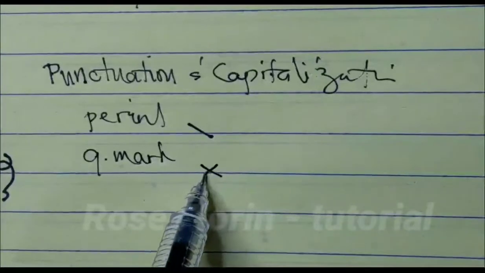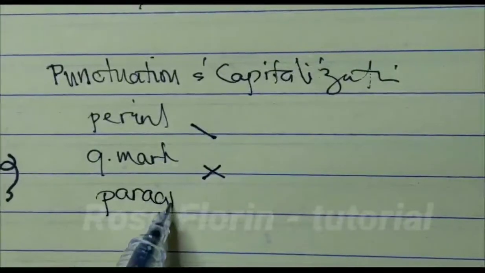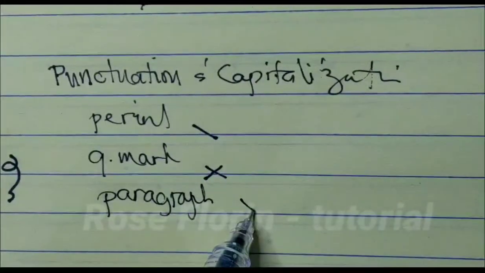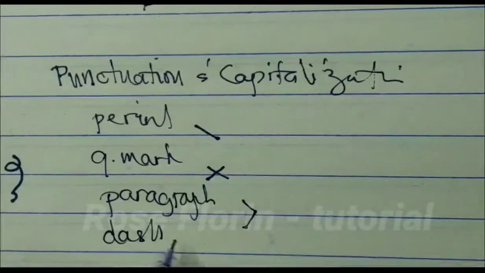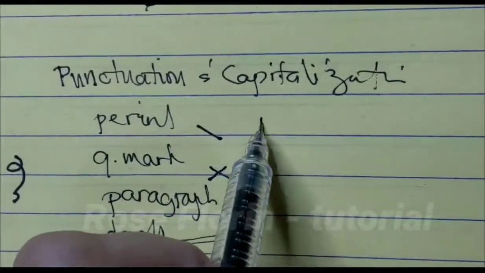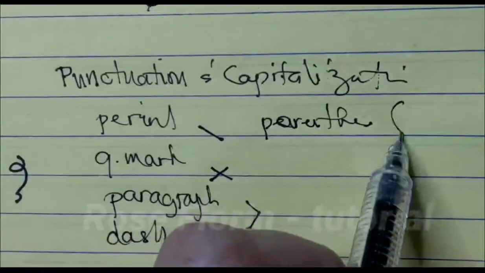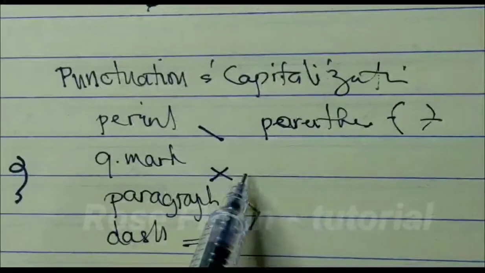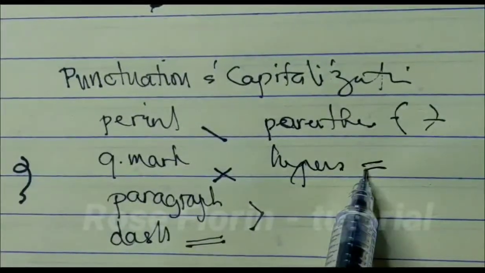Like this. Paragraph. Okay. Dash. Parenthesis. Hyphen. Okay. Next.